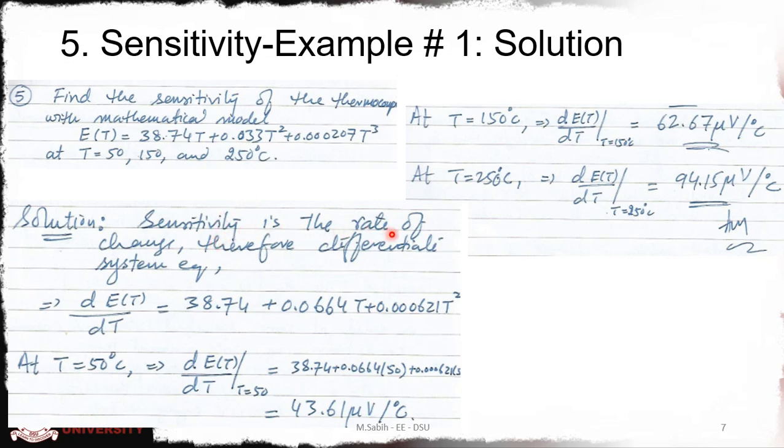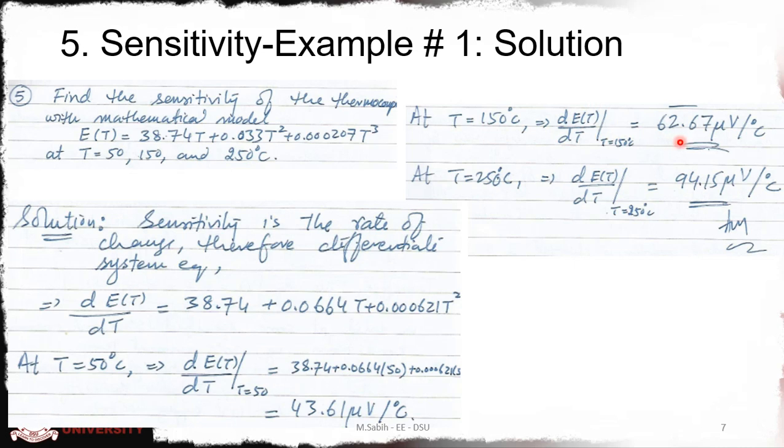Since the sensitivity is the rate of change, we differentiate the system equation and arrive at 38.74 plus 0.0664 T plus 0.000621 T square. Evaluate this differential at 50 degrees. We arrive at 43.61 microvolts per degree centigrade. Now substitute T equals 150 degrees in the differential equation.